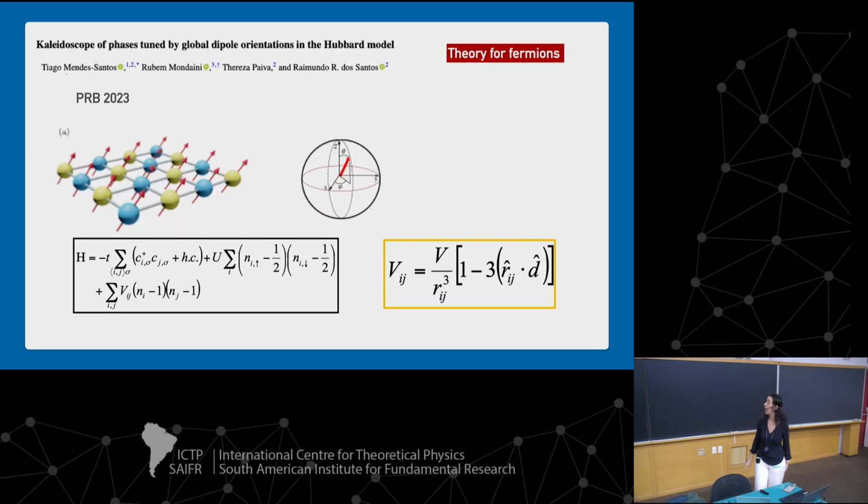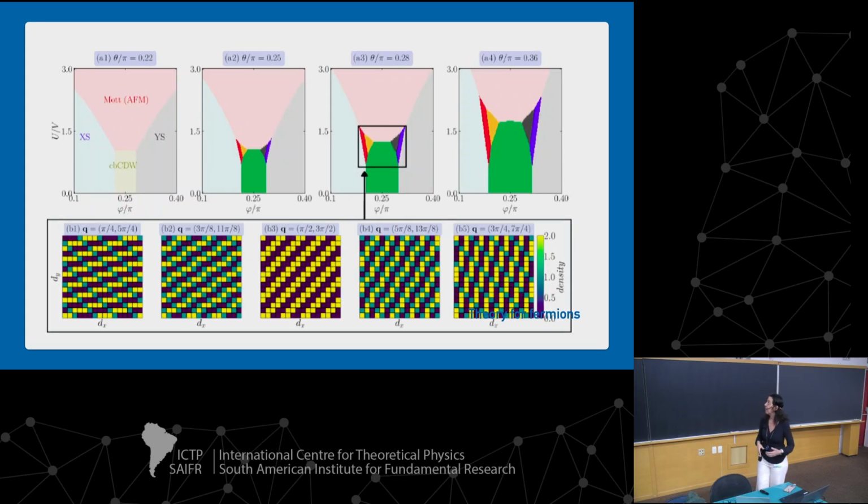So we took a shot at that by looking at this model where the interactions look like that. So it's dipolar-like, but we have truncated it looking into first neighbor interactions. We did exact diagonalization. This is hard to do with quantum Monte Carlo.